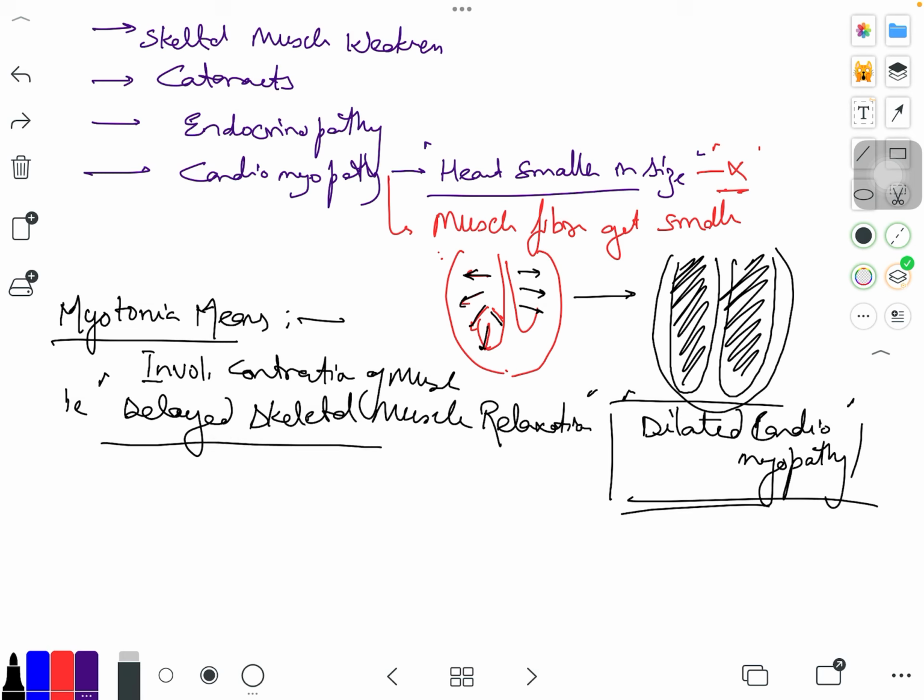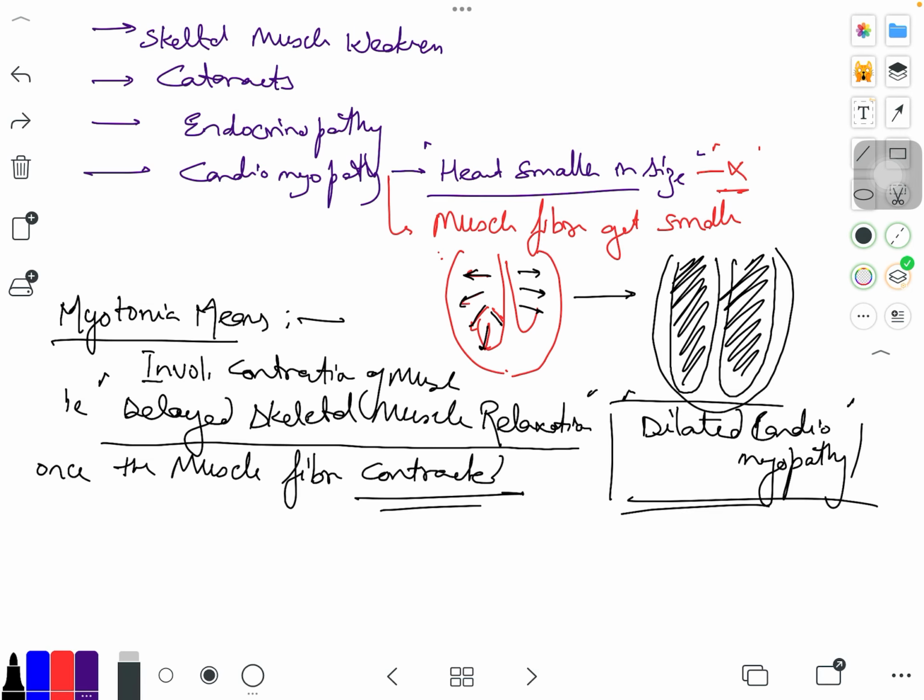So if there is delayed skeletal muscle relaxation, it means that once the muscle fiber is contracted, it remains at the same size for a longer time, and because of this there is pain.